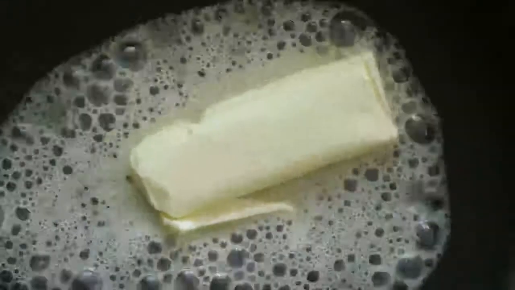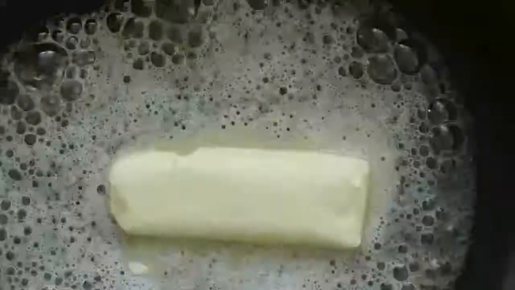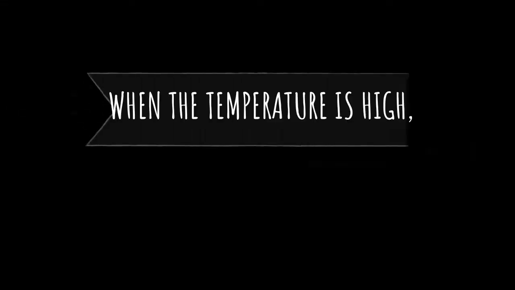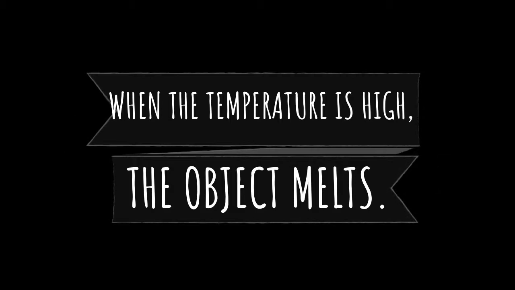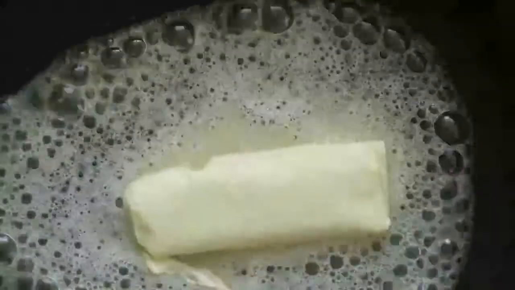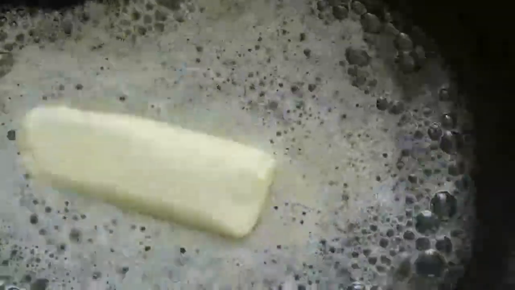What is the reason why butter changed its state? It is because of heat or the temperature is high. When the temperature is high, the object melts. So, pag mas mataas po ang temperatura ng isang bagay, ito po ay natutunaw. Paano tumaas ang temperatura?